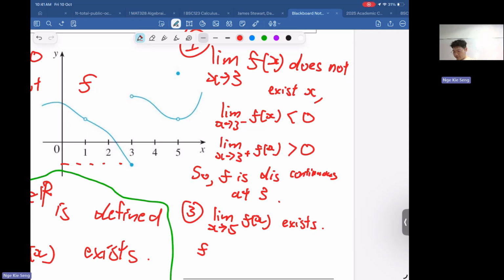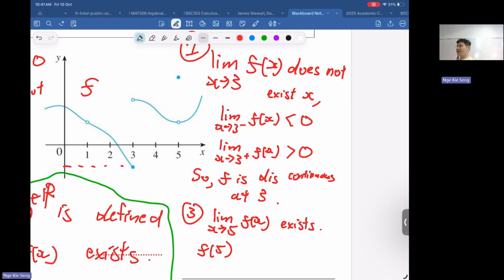Is f(5) defined or not? Exists, right? There's a black dot here. This is f(5), so it's defined. But do they equal?